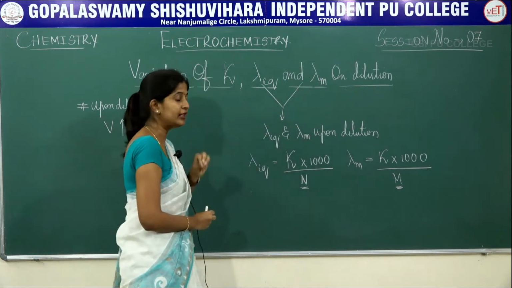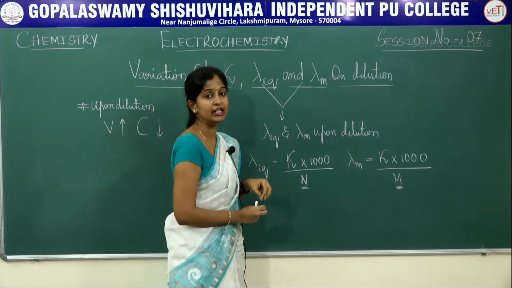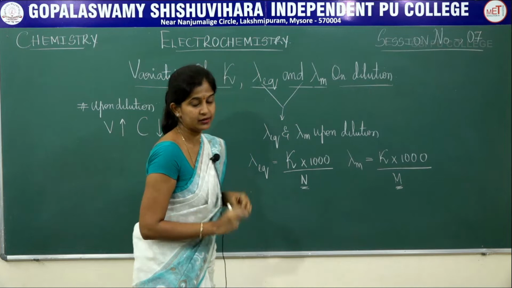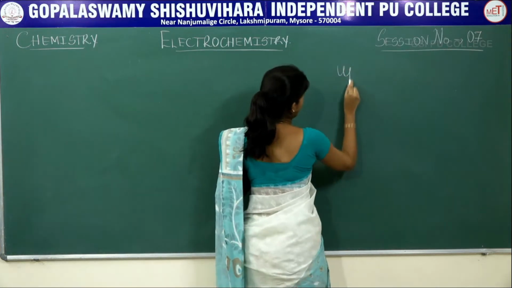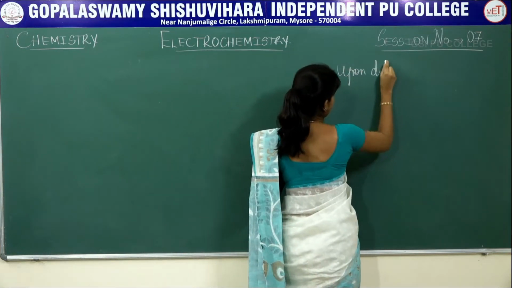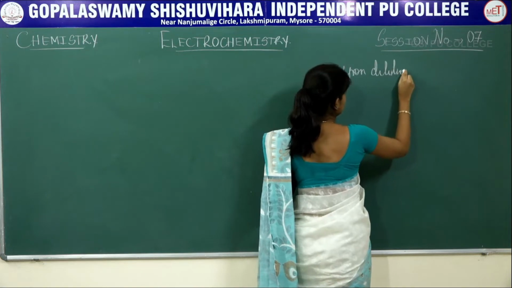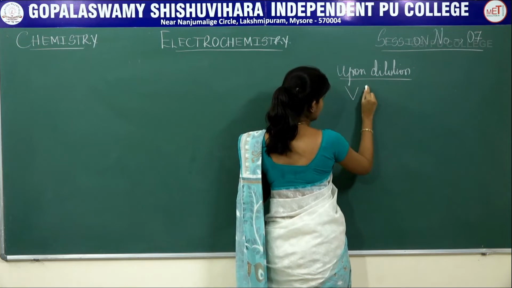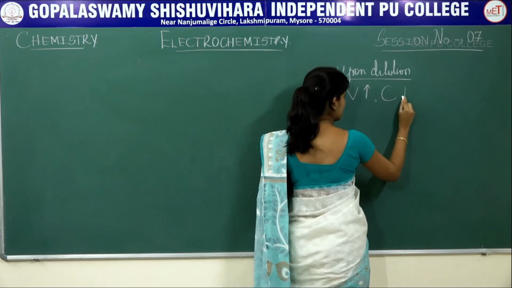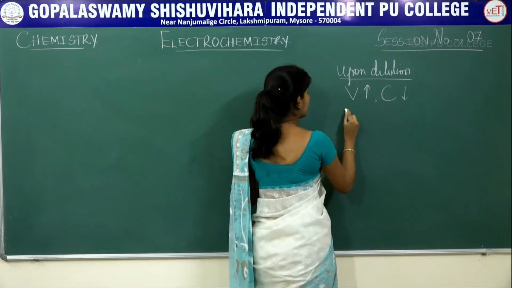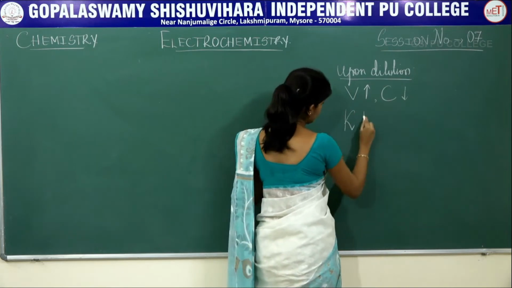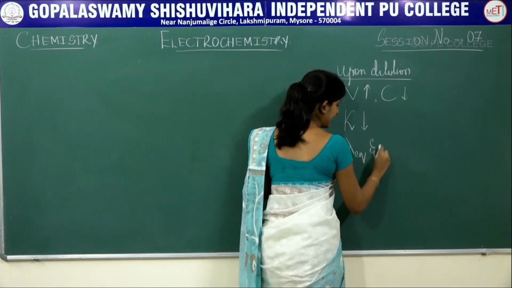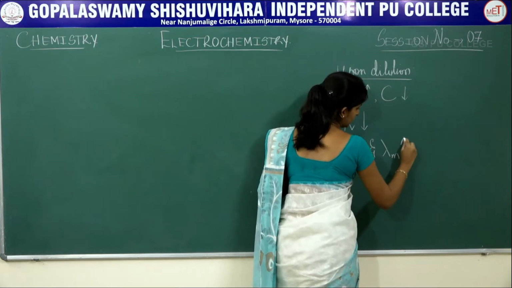Now we will have a theoretical explanation why these two will increase by taking two instances, a weak electrolyte and a strong electrolyte. Remember this here, upon dilution, volume increases, concentration decreases. Your kappa, specific conductance, decreases, your lambda EQ and lambda m increase.